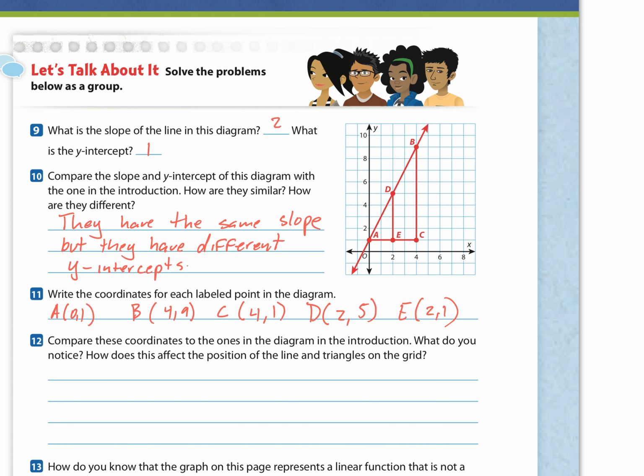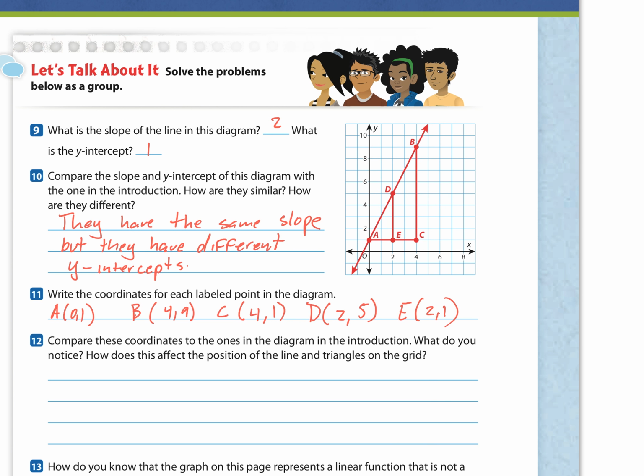All right, can I get a volunteer to read 12 for us? Diana. Compare these coordinates to the ones in the diagram in the introduction. What do you notice? How does this affect the position of line and triangles on the grid?